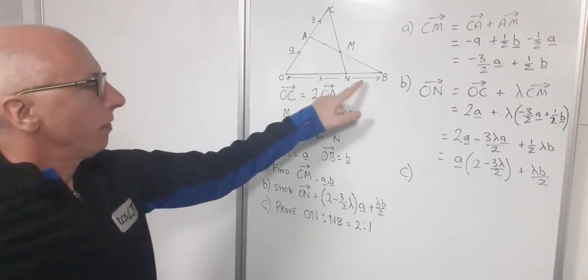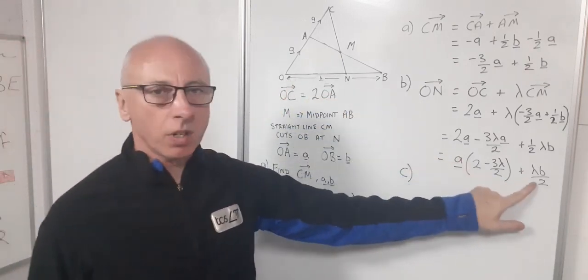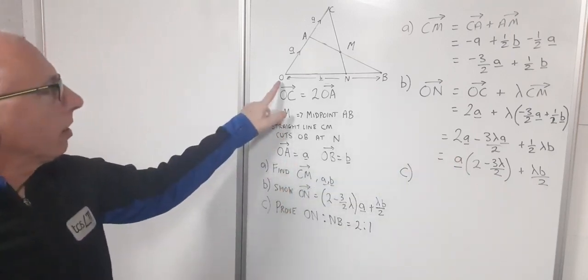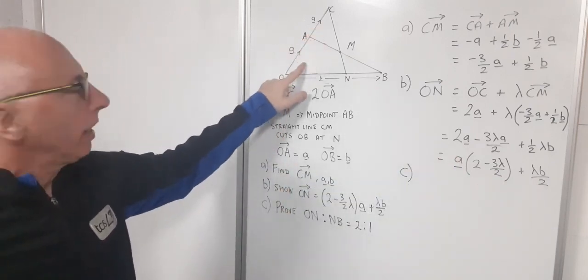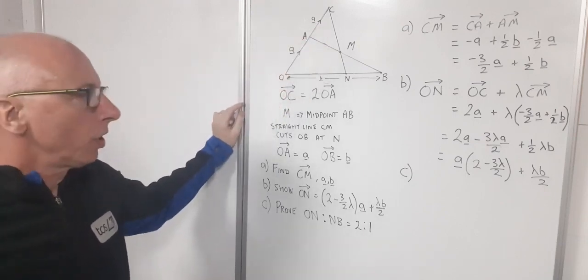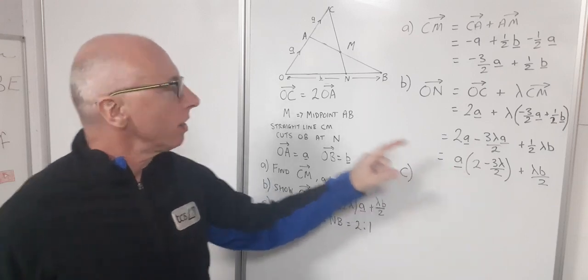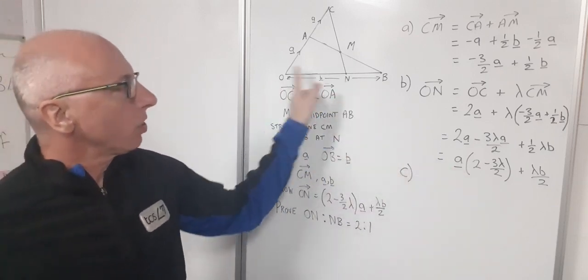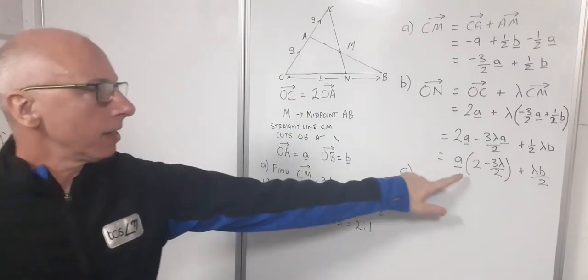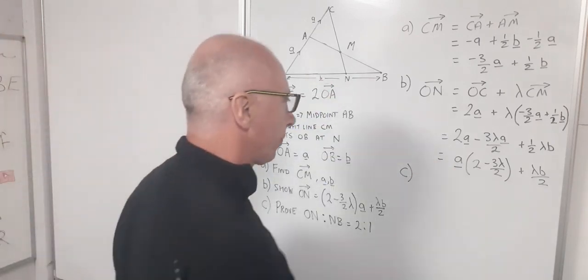Well, that is the vector B, which we've got in terms of this part of the question here. But then we've got also the vector A going in this direction. Now what we could do is, because OB is just the vector B, set this to 0 and then solve for lambda.